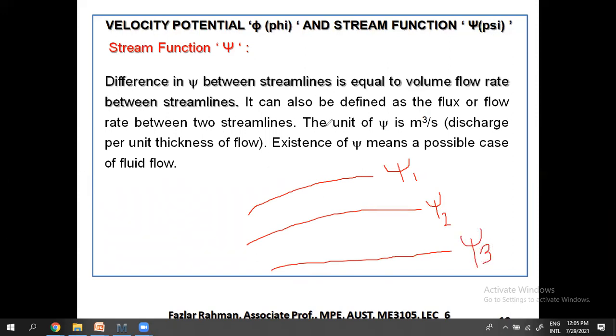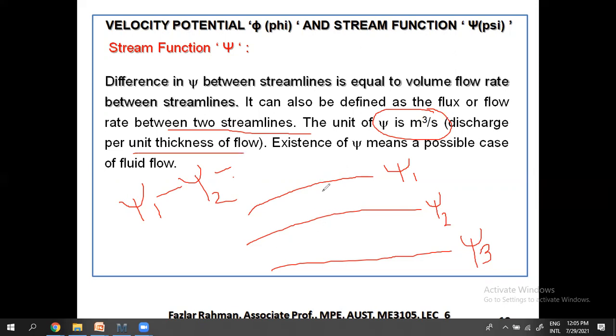If you figure out the difference between two streamlines, that is psi 1 minus psi 2, this represents the volume flow rate. It can also be defined as the flux or flow rate between two streamlines, and the unit will be meter cube per second. That means discharge, and we sometimes say it is Q, per unit thickness of the flow.